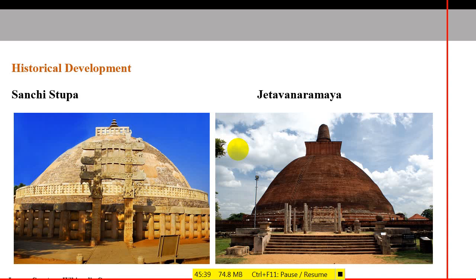Well, the reason is, if you look at Sri Lanka or South India, the kings all belonged to one religious group.